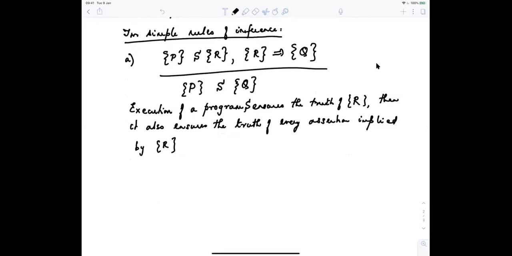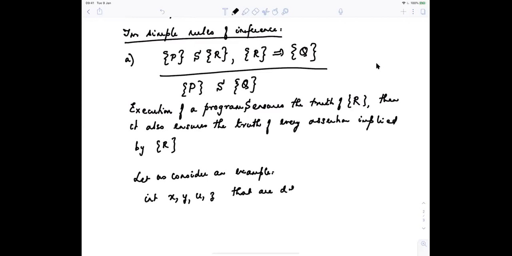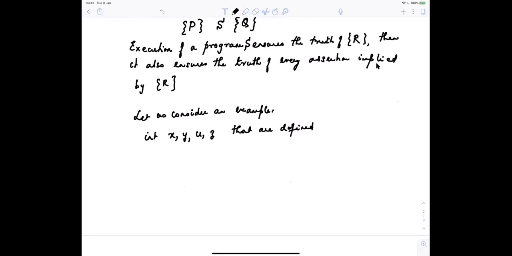Now, let us consider an example. Let us assume that we have variables int x, y, u, and z that are defined. So declaration of variables is done as part of the function specification of the program.